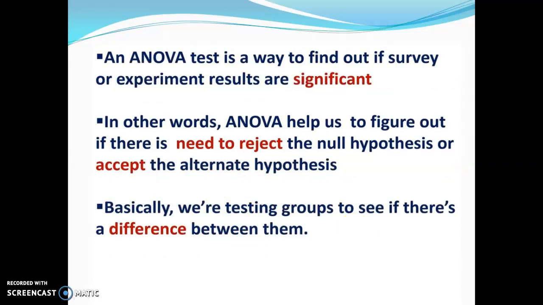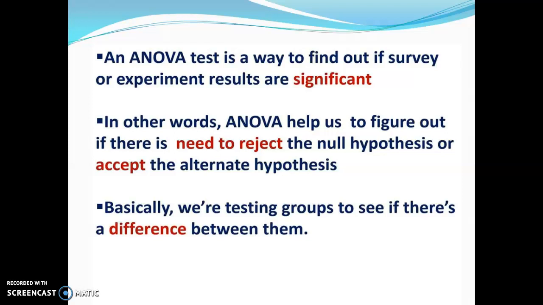And the ANOVA test is a way to find out whether the survey or experiment results are significant. In other words, ANOVA helps to figure out if there is a need to reject the null hypothesis, that is H0, or accept the alternative hypothesis H1.